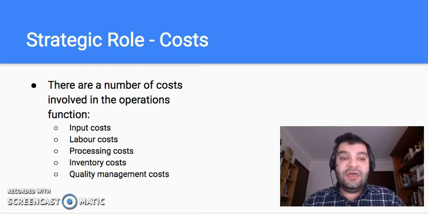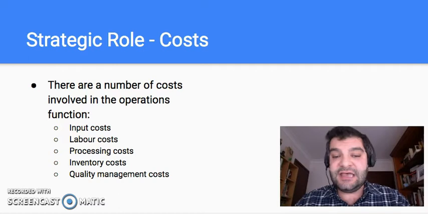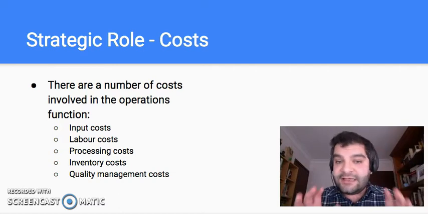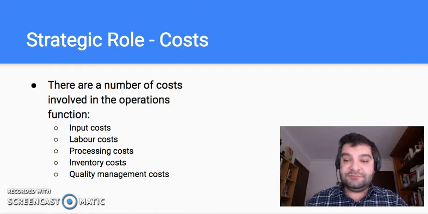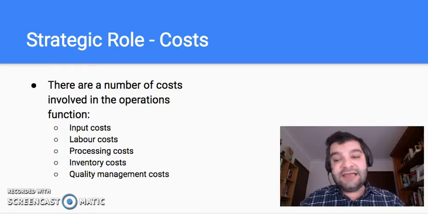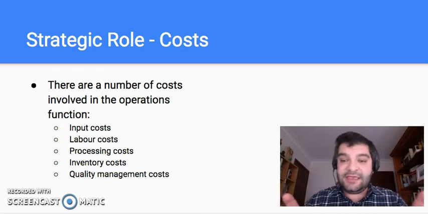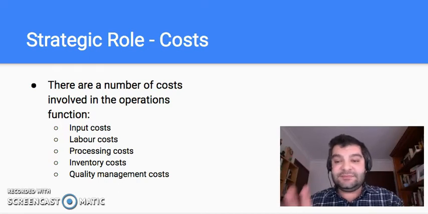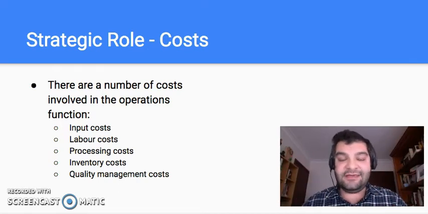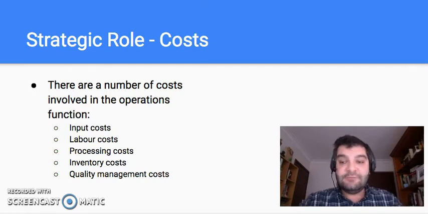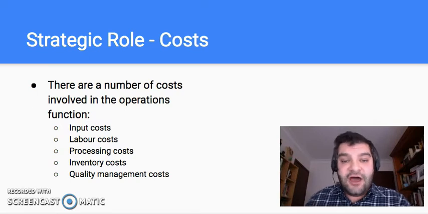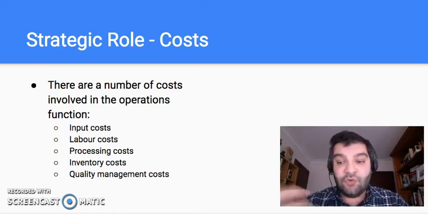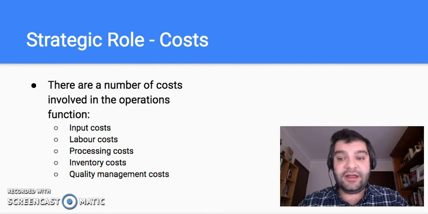Okay. Now, in terms of those costs, finding ways to minimize those costs is important for the operations function, because by minimizing costs, it allows, generally speaking, the price that the customers would pay to come down, making the good or service more affordable. If the good or service is more affordable, you'd generally find more customers purchasing the products.